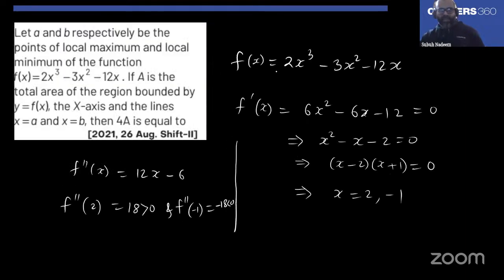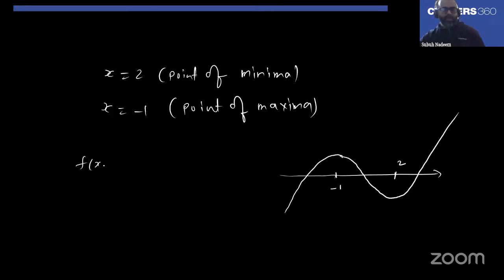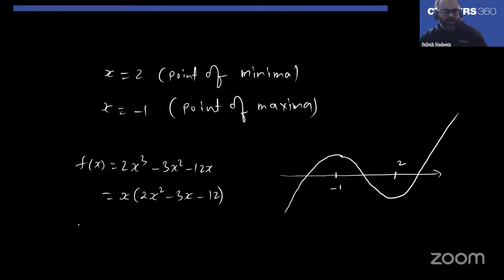So we can see here that fx is 2x cube minus 3x square minus 12x. So this can be written as x into 2x square minus 3x minus 12. So there is a solution of this equal to 0, which is x equal to 0. This is one solution, and it is between minus 1 and 2. So this point is 0.